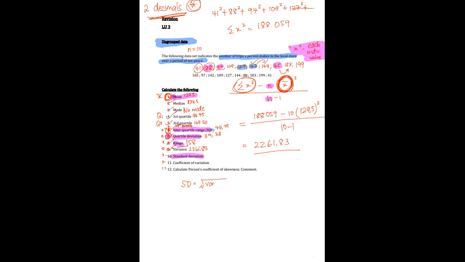In this example, we already calculated your variance to be 2,261.83. So it's the square root of that, and that would give you 47.56. And that's your standard deviation done.